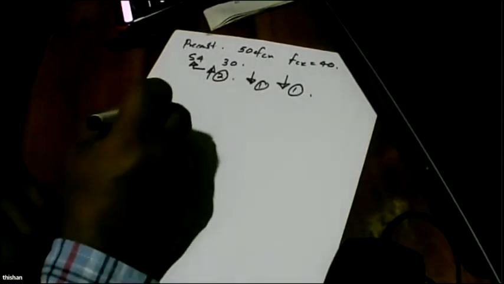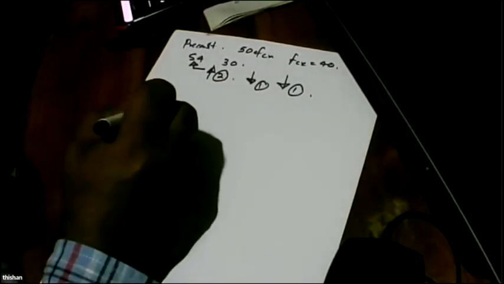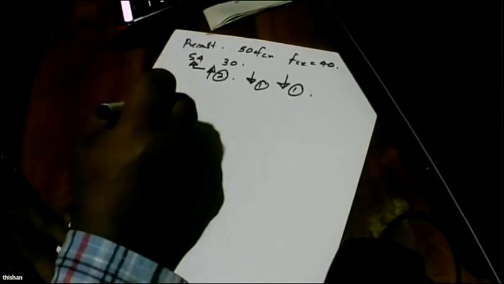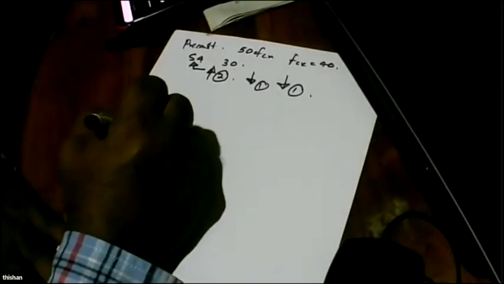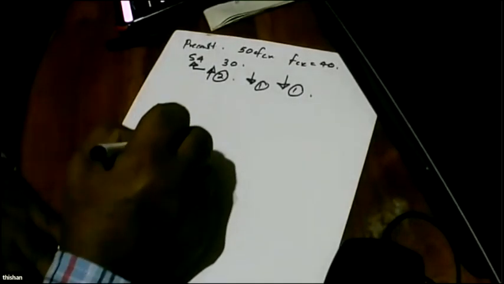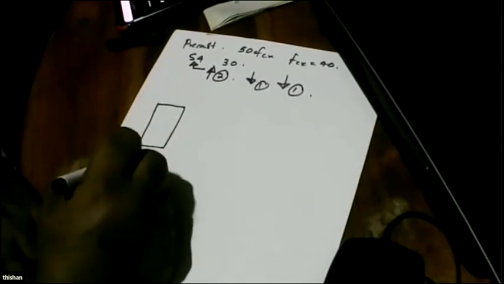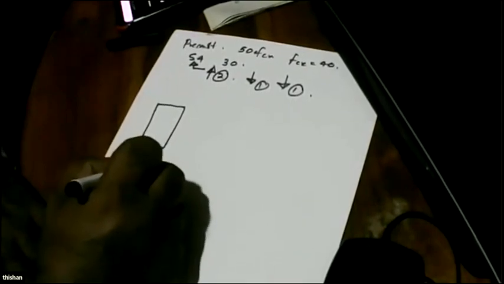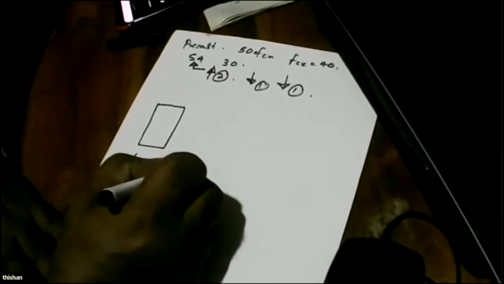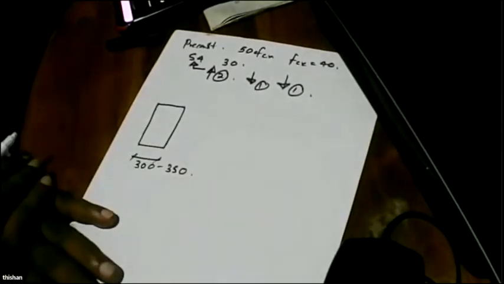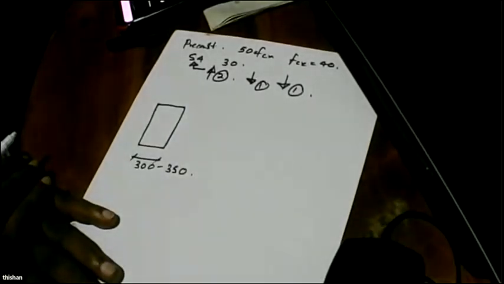Now let's say we look at the arrangement that we are going to use. So basically, we'll have beams like this. Whether this is 300 or 350, you have to decide. If you want, you can go up to 350. Otherwise, 300 also might work.